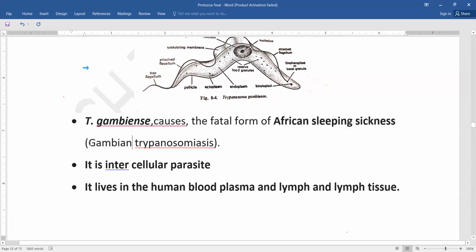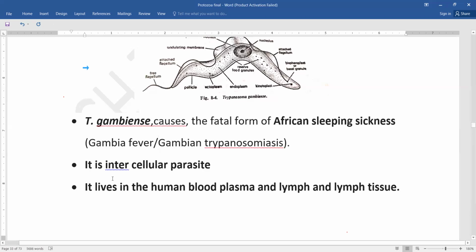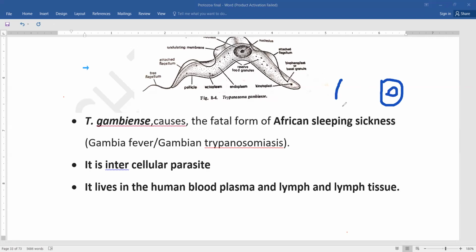You can also call it Gambian fever or Gambian trypanosomiasis. It is an intercellular parasite. Intercellular parasite means simply, for example, this is a cell, this is another cell in a tissue, this is another cell in the tissue.